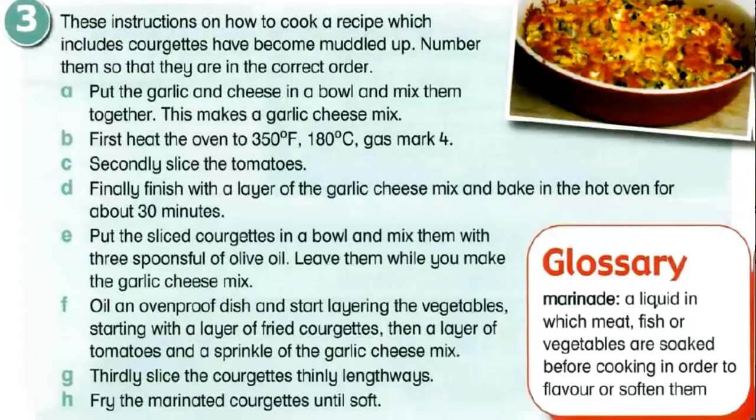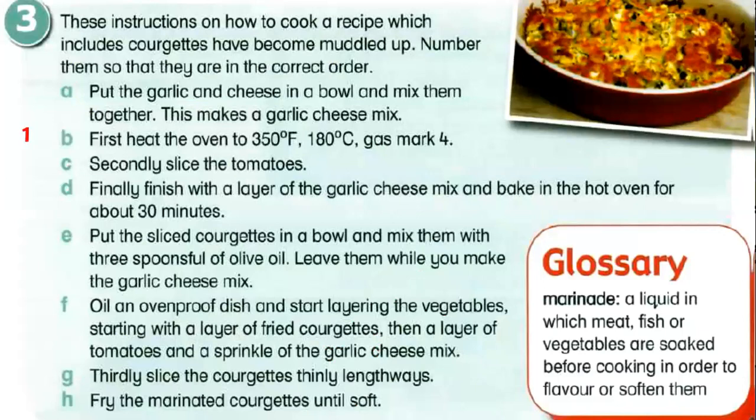Okay, now this is the last exercise. Read these instructions on how to cook a recipe which includes courgettes. They have become muddled up. Number them so that they are in the correct order. Let's think about them for a moment. Okay, now let's put them in order.